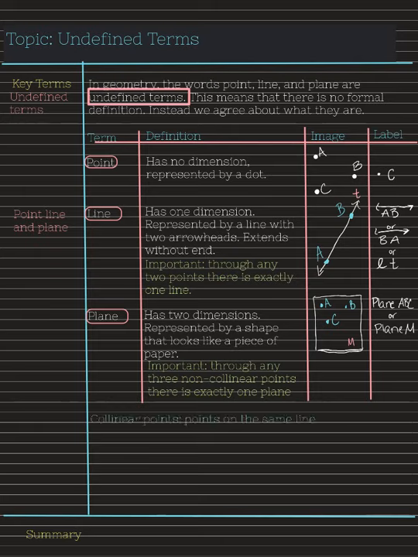So collinear points are points that are on the same line. So here I have 2 examples. One of collinear points, so we have 3 points here, here, and here that are all on the same line. In my non-example, I have 3 points. However, you can see that they lie off of that one line, making them non-collinear.